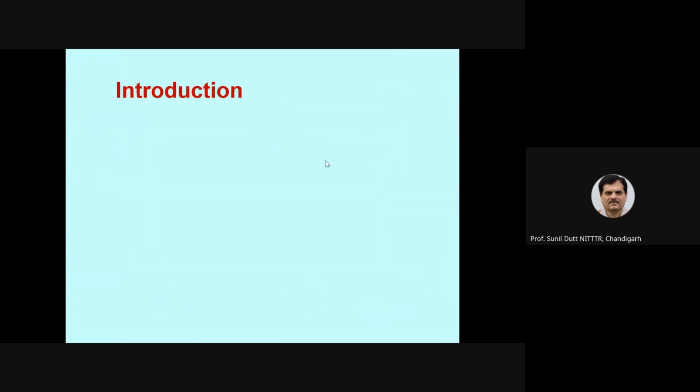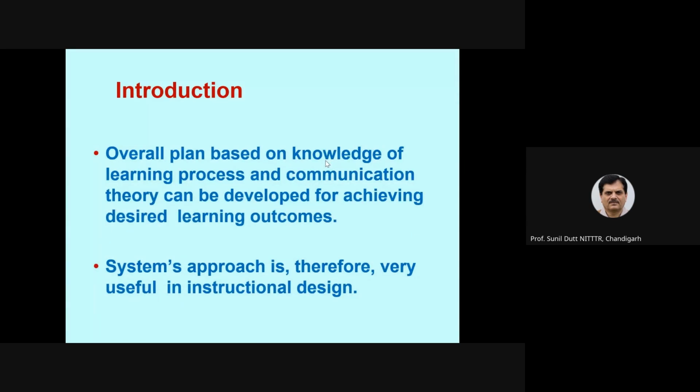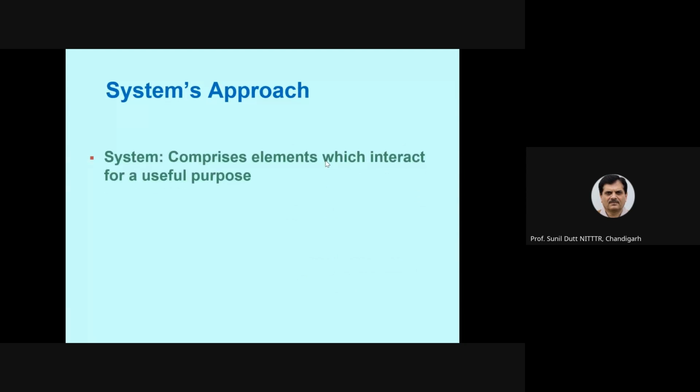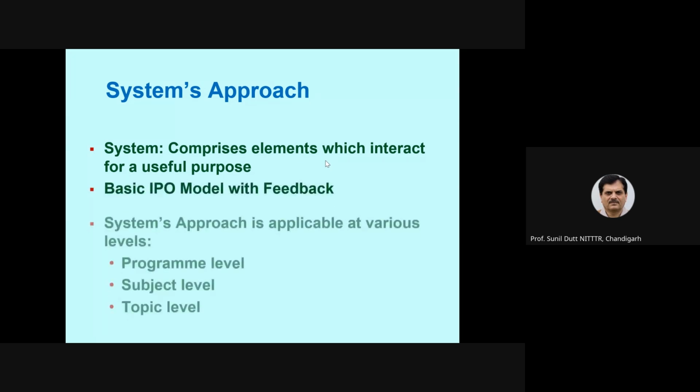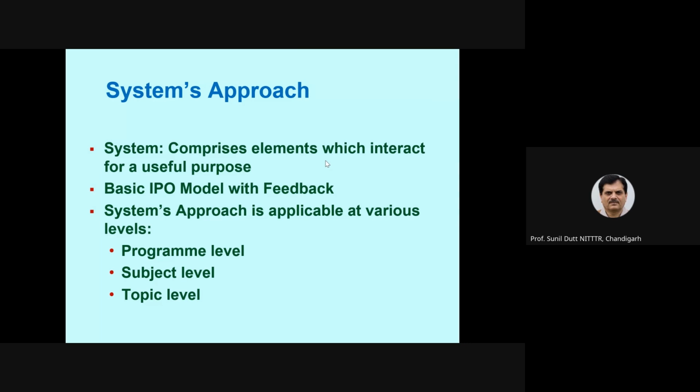So we need to employ an overall plan incorporating interrelated components and interrelated parts, and this is very essential for designing an instructional system. So, the system approach comprises elements which interact for a useful purpose. Now the system approach is applicable at various levels: at program level, at subject level, at topic level.